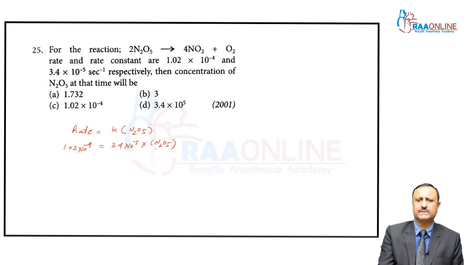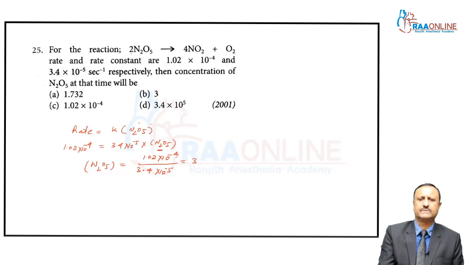My dear students, to calculate the N2O5 concentration, you divide 1.02 into 10 to the power minus 4 by 3.4 into 10 to the power minus 5. Now, my dear students, when you divide these values you get 3.